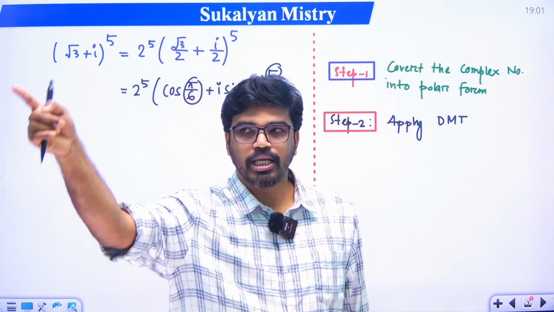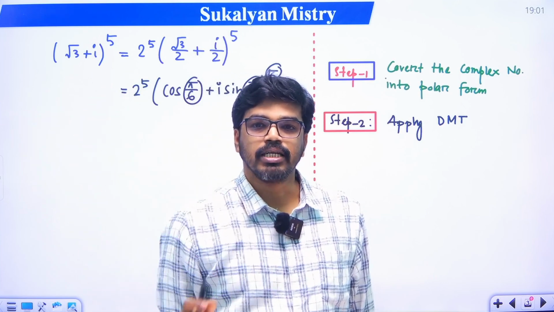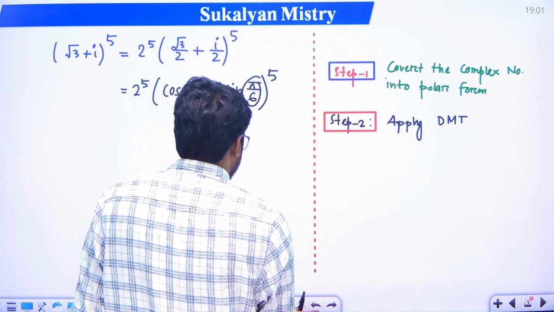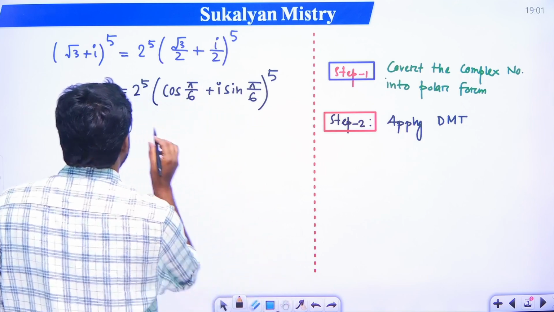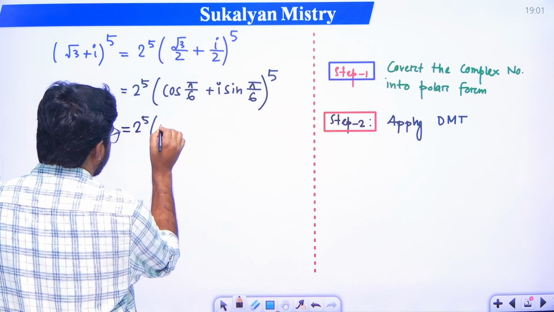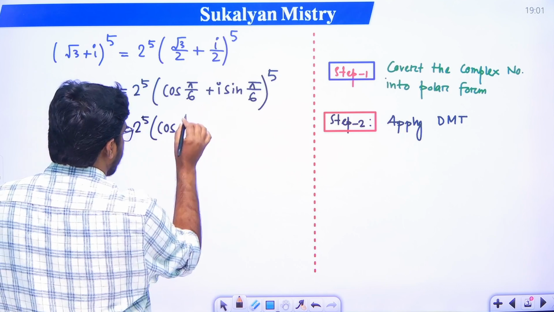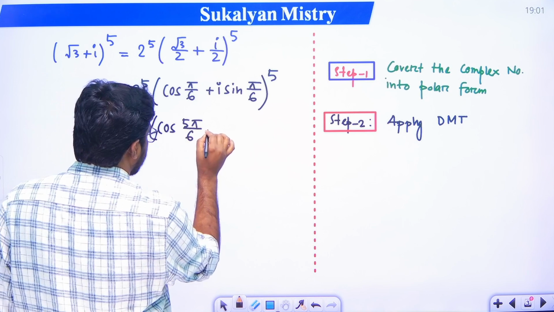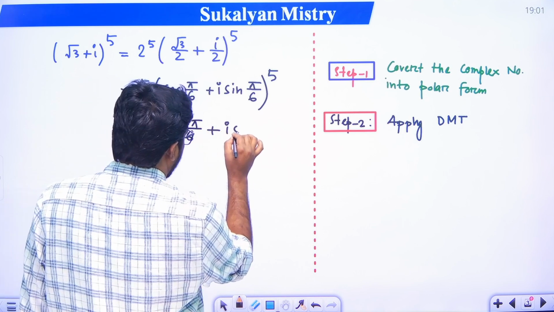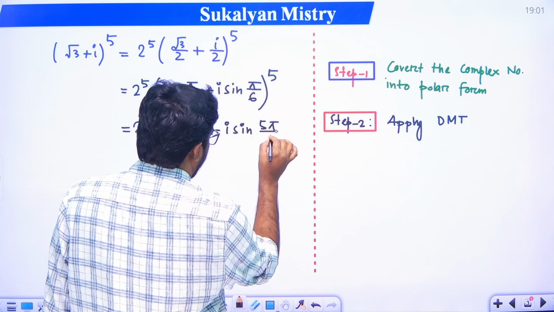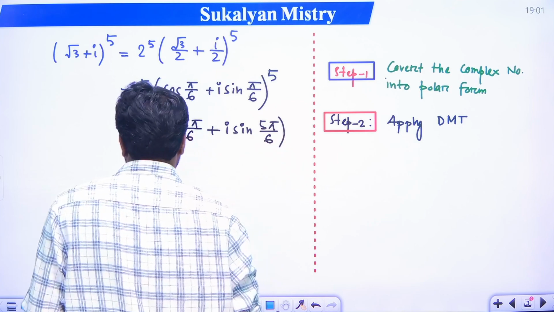That means the power gets multiplied with theta, right? So this is equal to 2 to the power 5 into (cos 5 pi by 6 plus i sin 5 pi by 6).